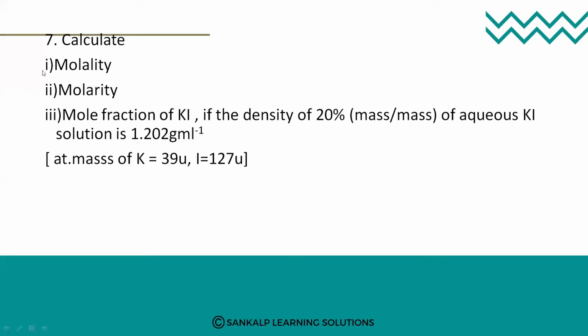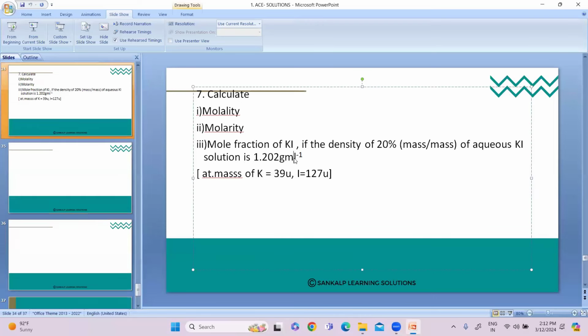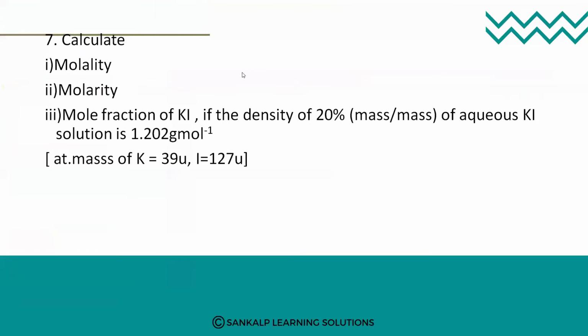Calculate the molality, molarity and mole fraction of KI if the density of 20% mass by mass aqueous KI solution is 1.202 gram per mL.